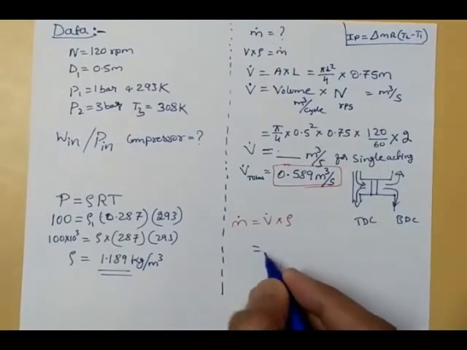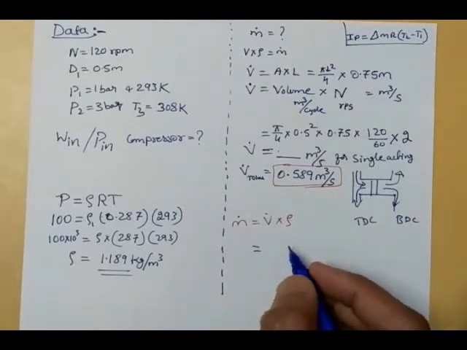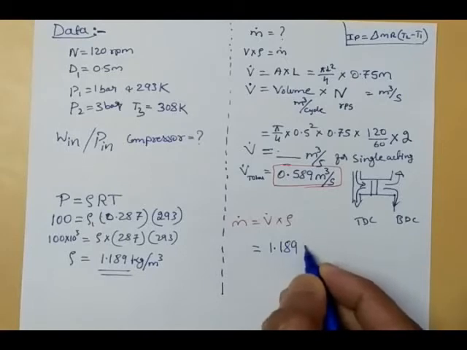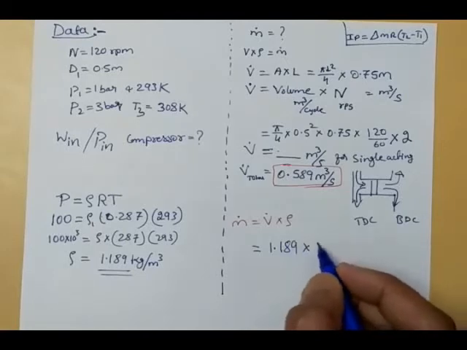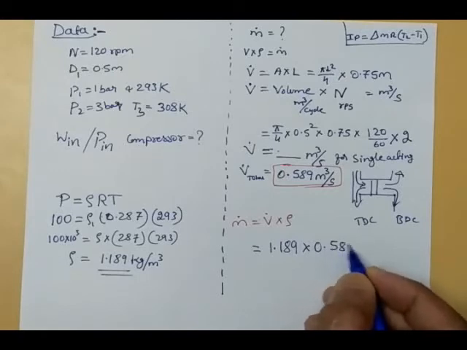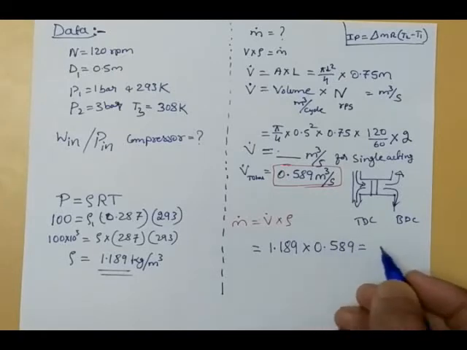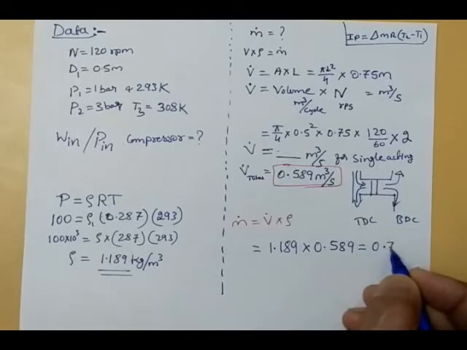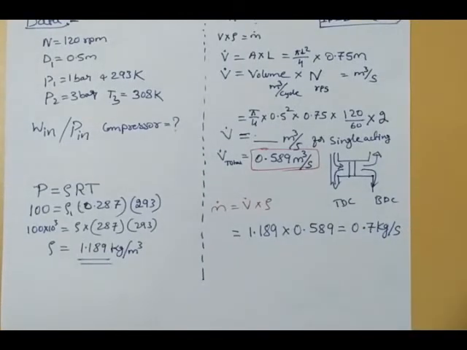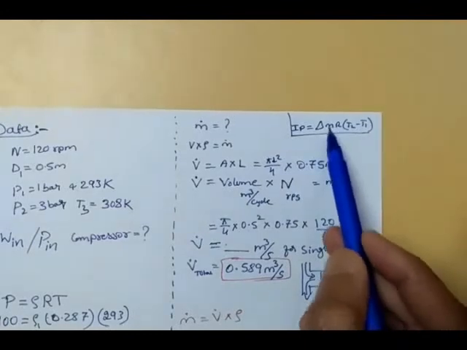That's why m dot, what we get is 1.189 into 0.589, that is 0.7 kg per second.